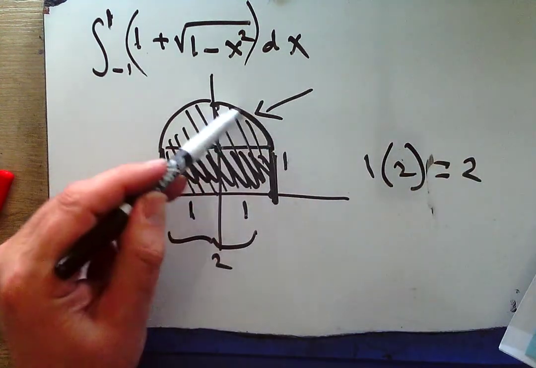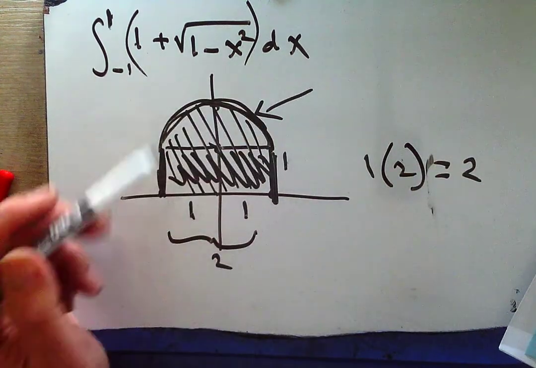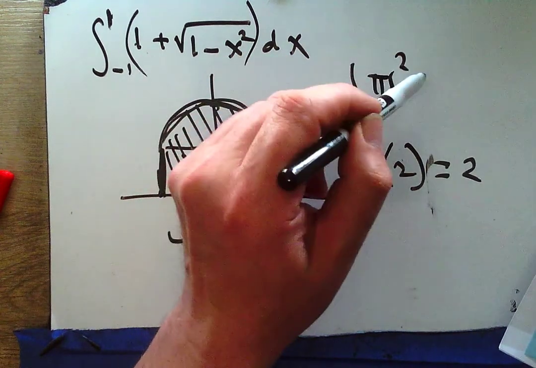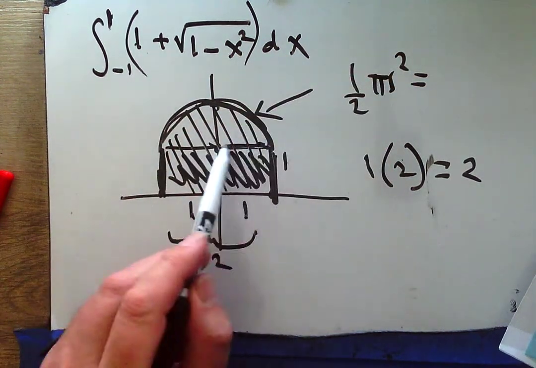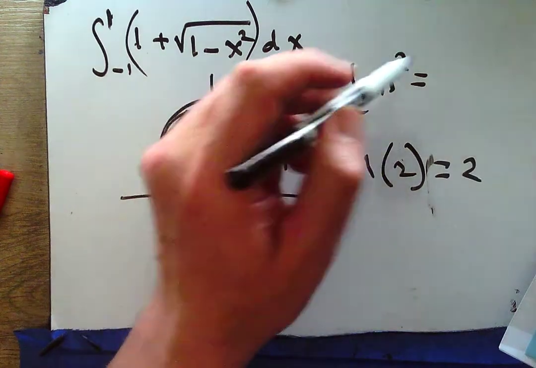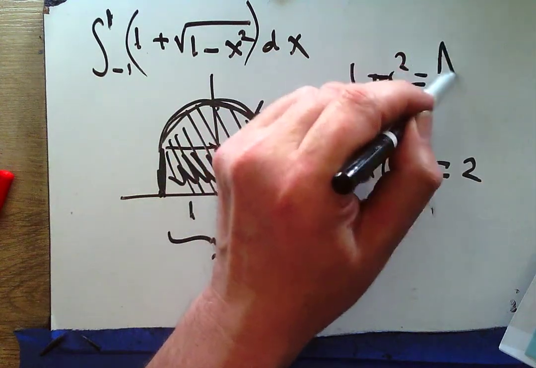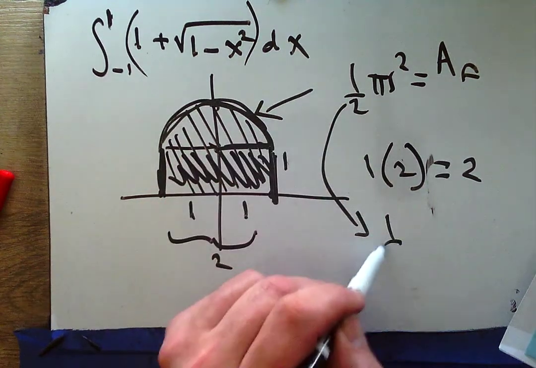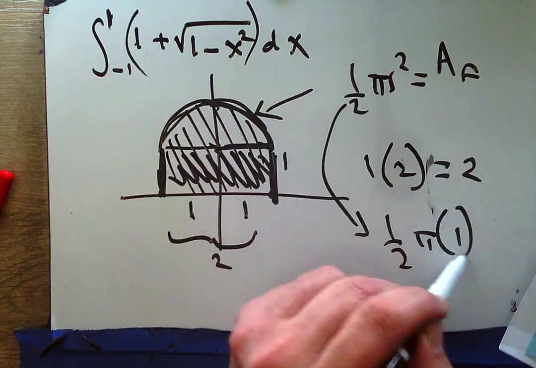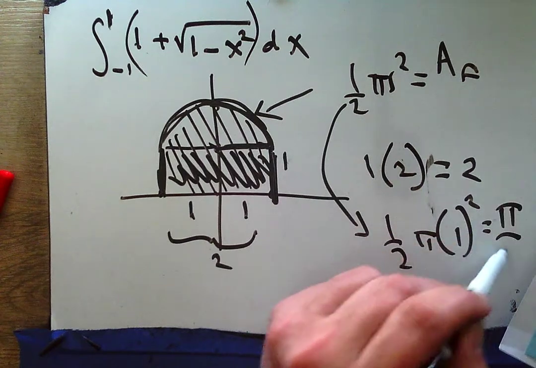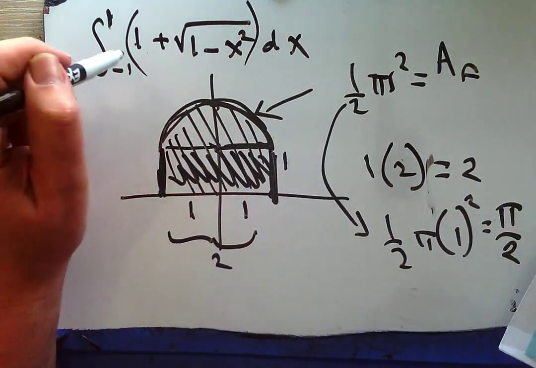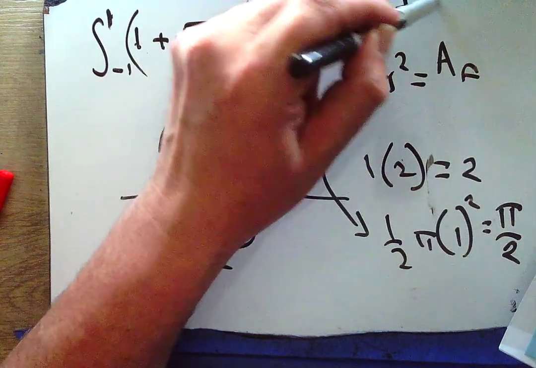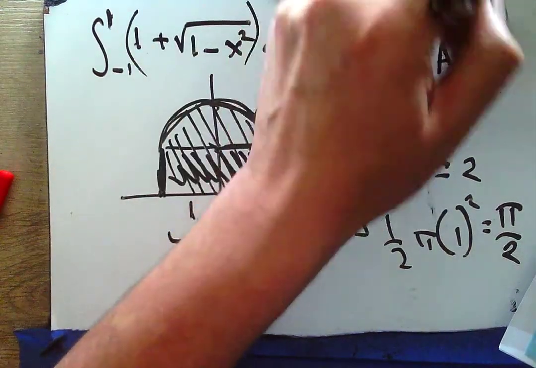Now what about that semicircle? Well, that's half of pi r squared when the radius is 1. So we're going to do 1/2 pi 1 squared, which is pi over 2. So the value of my integral, pi over 2 plus 2. And that's it. We're all done.